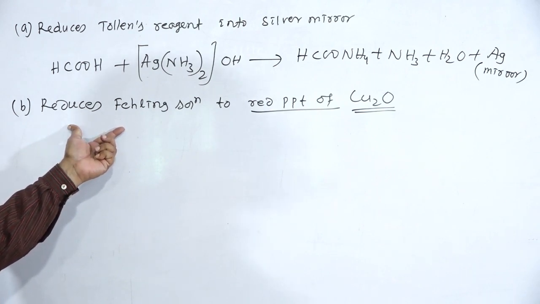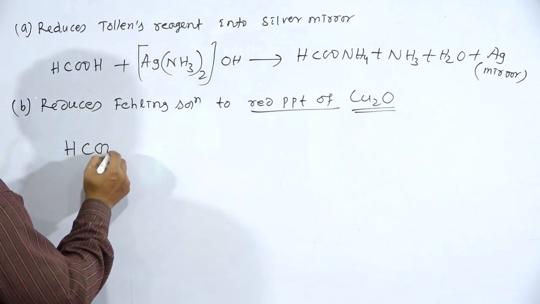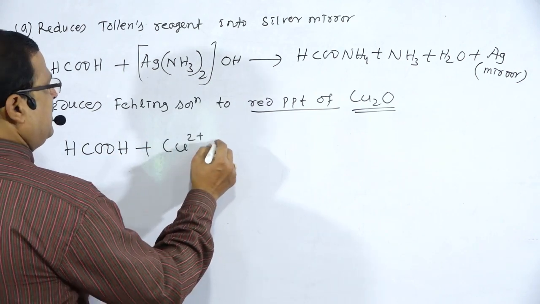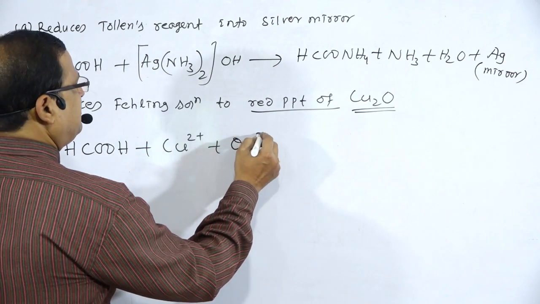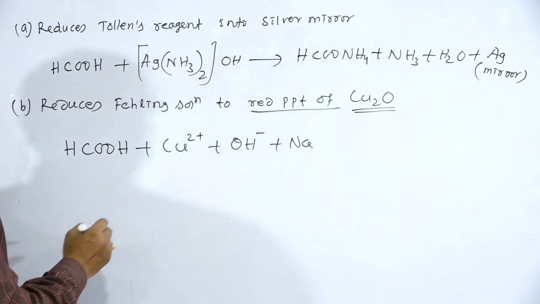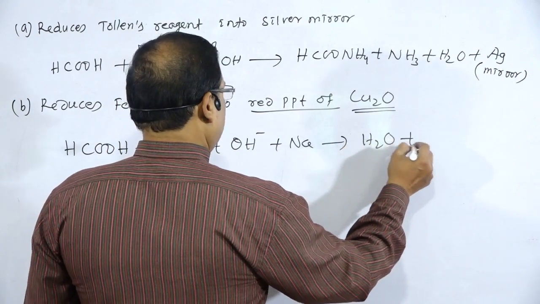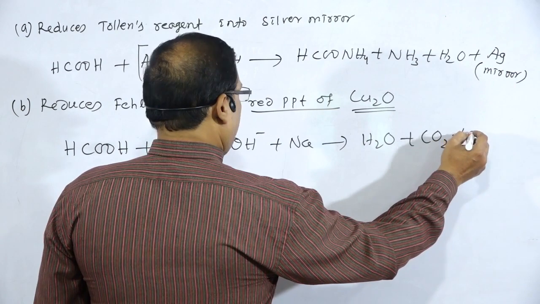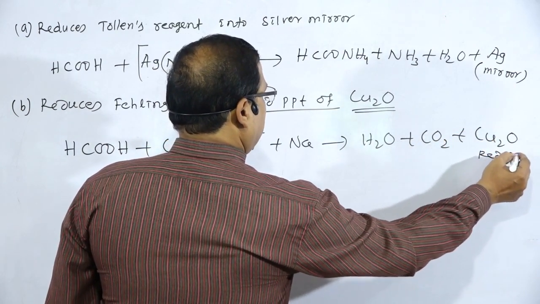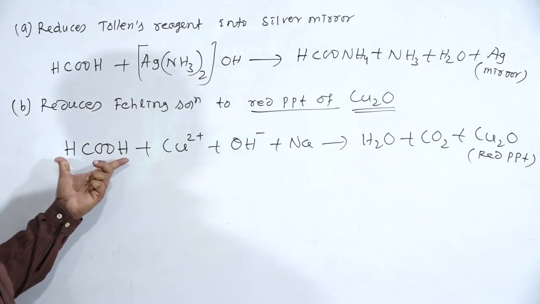So I am writing this ionic equation. HCOOH, formic acid, Cu2 plus from copper sulfate, alkaline medium, sodium potassium tartrate. So there is the formation of H2O, CO2 and Cu2O, that is the red precipitate. In this case, formic acid will act as a reducing agent.